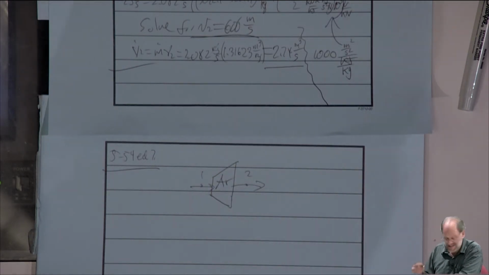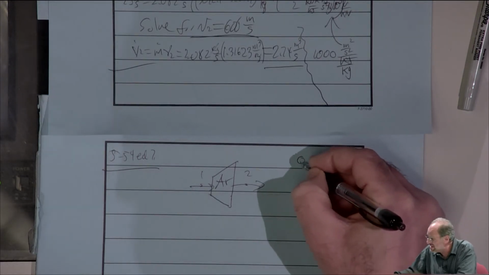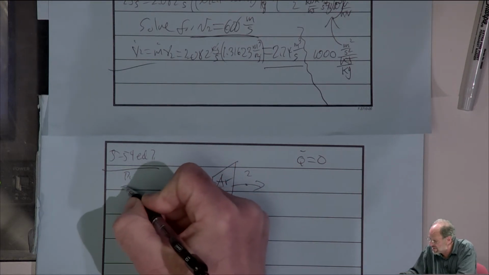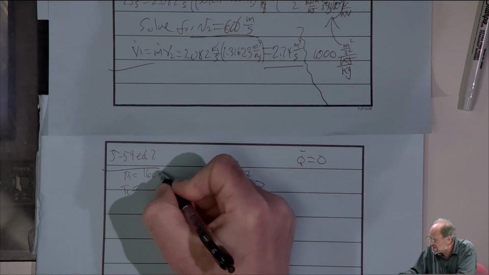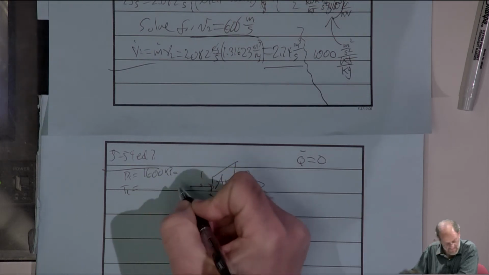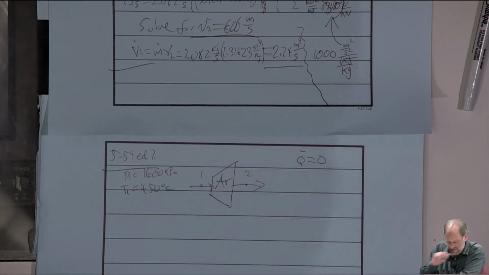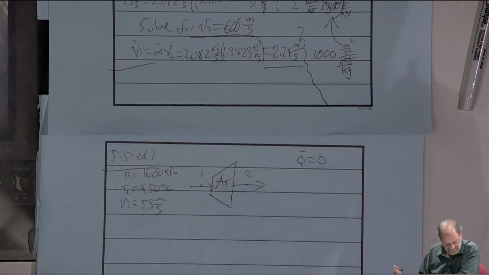It says it enters an adiabatic turbine, so you need to remember that adiabatic means no heat transfer. You can think of this as a well-insulated turbine. If the author had said well-insulated, that would have been exactly the same. It's giving me the inlet pressure and temperature. So 1600 kilopascal, 450 C. And the velocity, 55 meters per second.